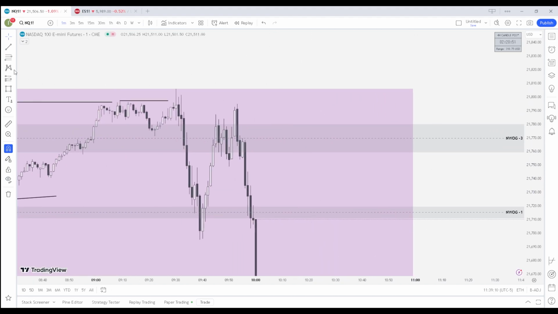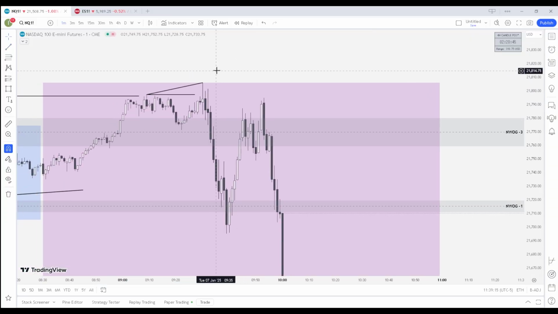So I believe we had SMTs here, and then I believe we also had SMTs here, or maybe it was here.